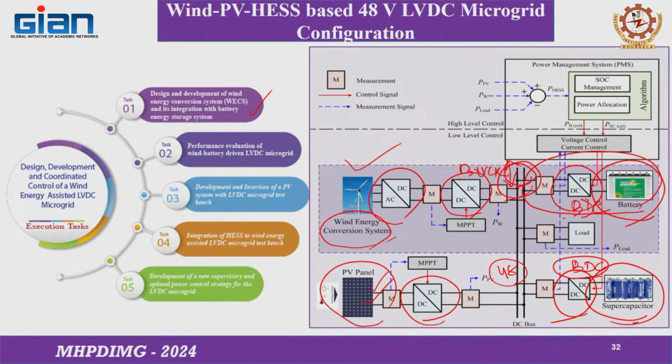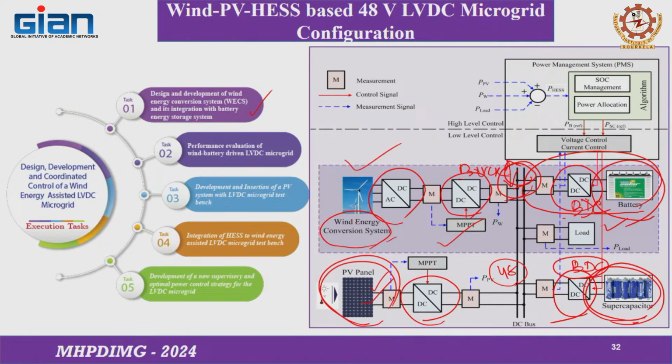battery energy storage system, the battery with the BDC. These things are already implemented, and it will be explained to you tomorrow. After developing this wind battery system, we integrated the supercapacitor to it, making it a hybrid storage, and after that we also added a PV system to it, making it a hybrid source.